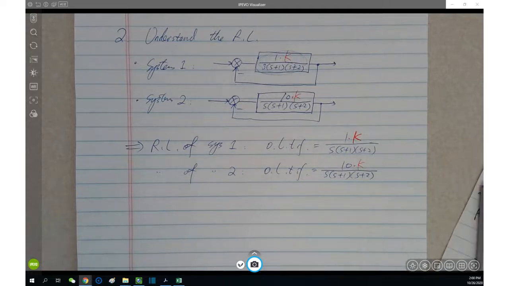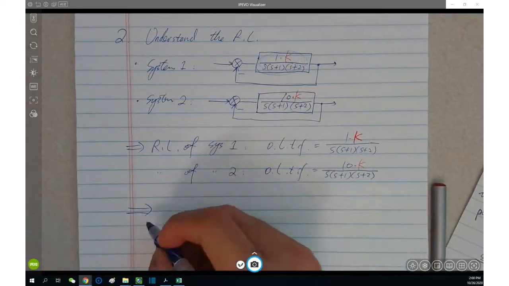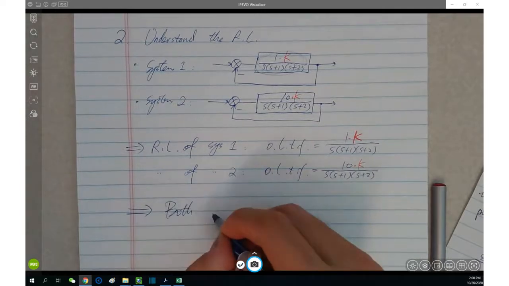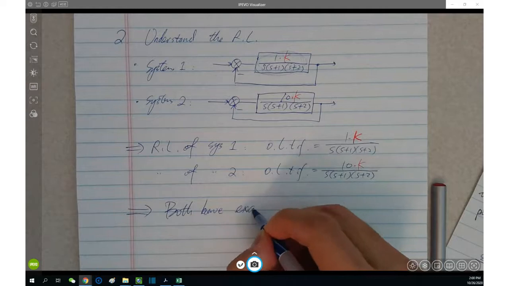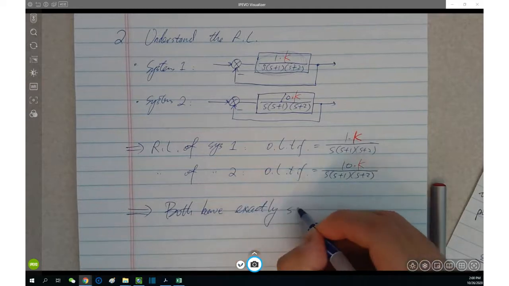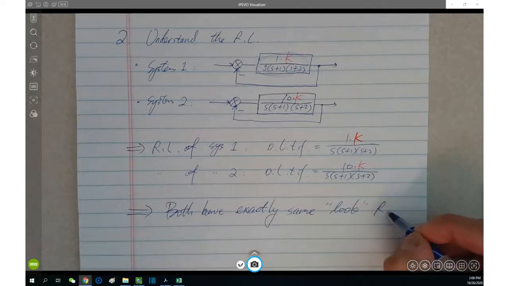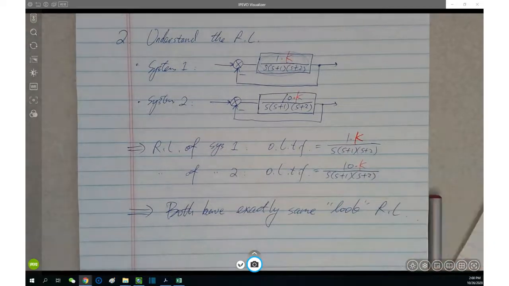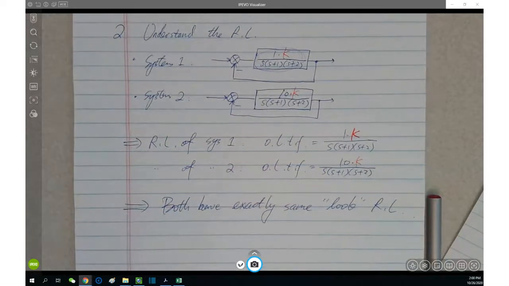The conclusion is both have exactly the same look of root locus. First of all, does this make sense?